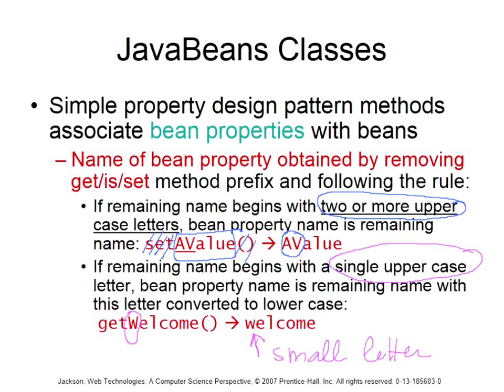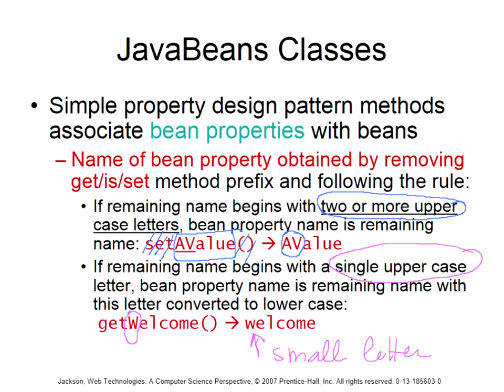So just keep in mind that the name of a bean property is obtained by removing the get, is, or set method prefix. After that, if the remaining name begins with 2 or more uppercase letters, we keep the same property name.